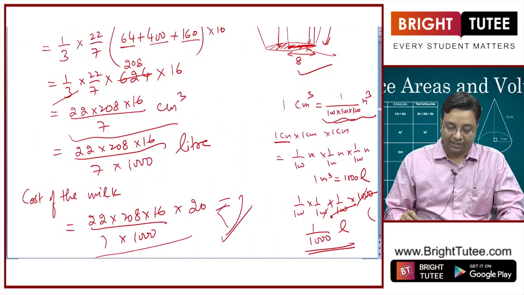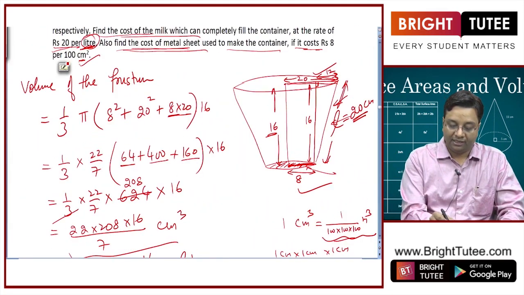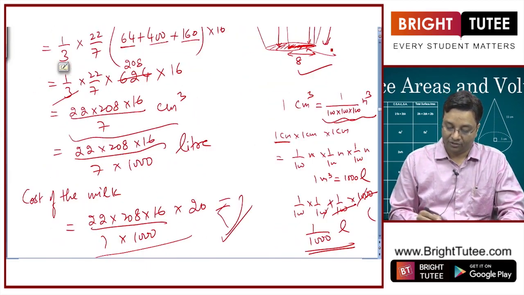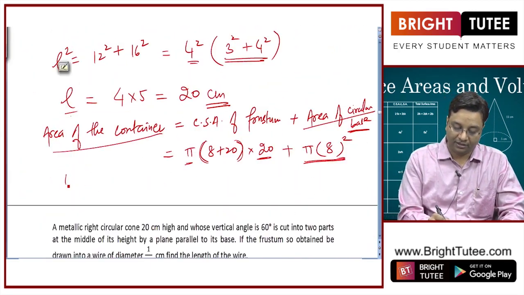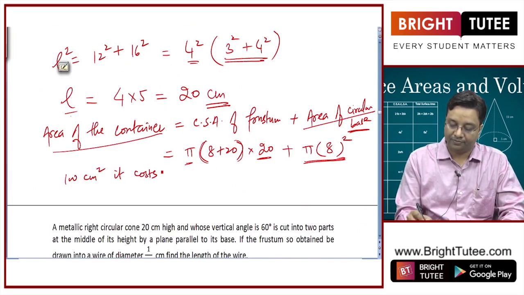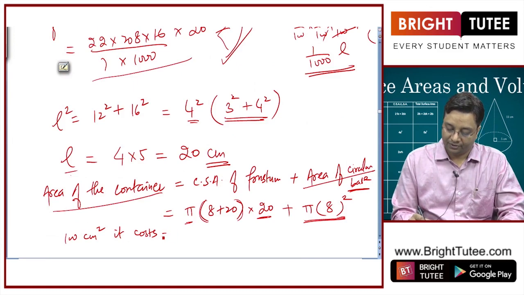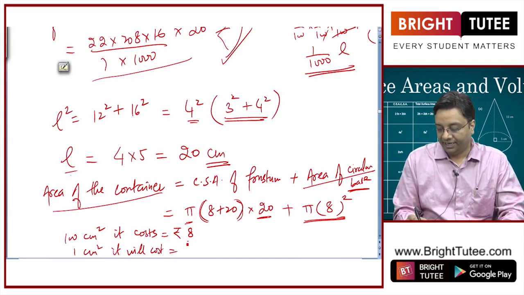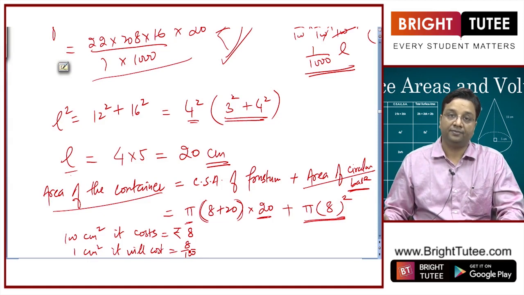Once you calculate this area, you know that per 100 centimeter square it costs rupees 8. So for 100 centimeter square it costs rupees 8. So for 1 centimeter square it will cost 8 by 100 rupees.